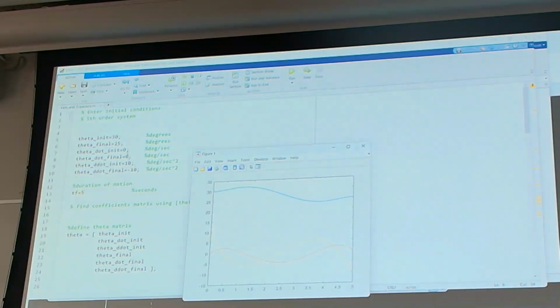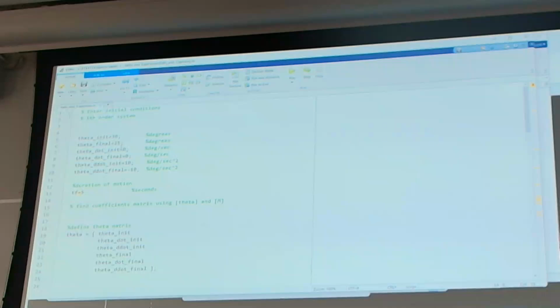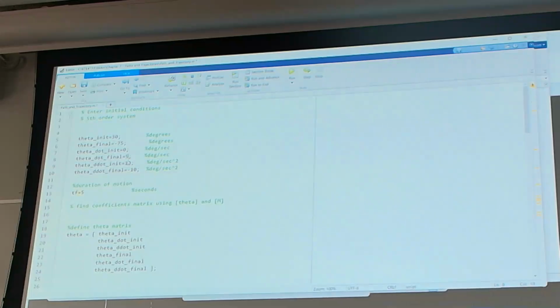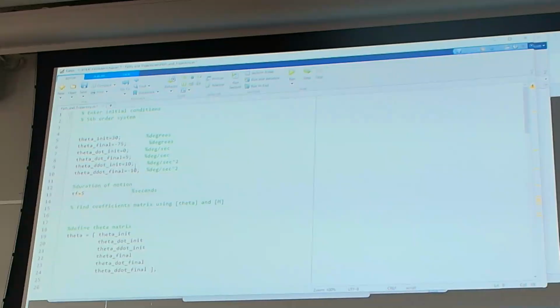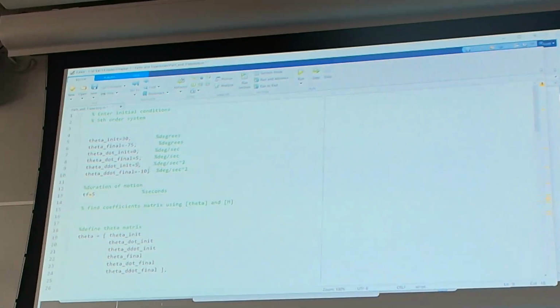Now, I could say, let's go to minus 75. How about that? I haven't done that one before. Let's go ahead and say that we're going to end at a velocity of 5 degrees per second. And let's change our accelerations to be plus minus 5. Clear that graph.